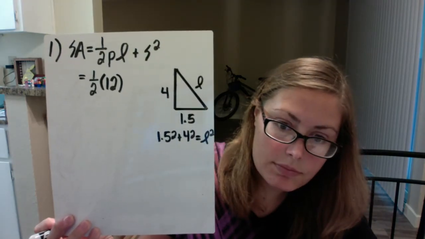So we want to do 1.5 squared plus 4 squared is equal to L squared. We get that our L is equal to 4.3.